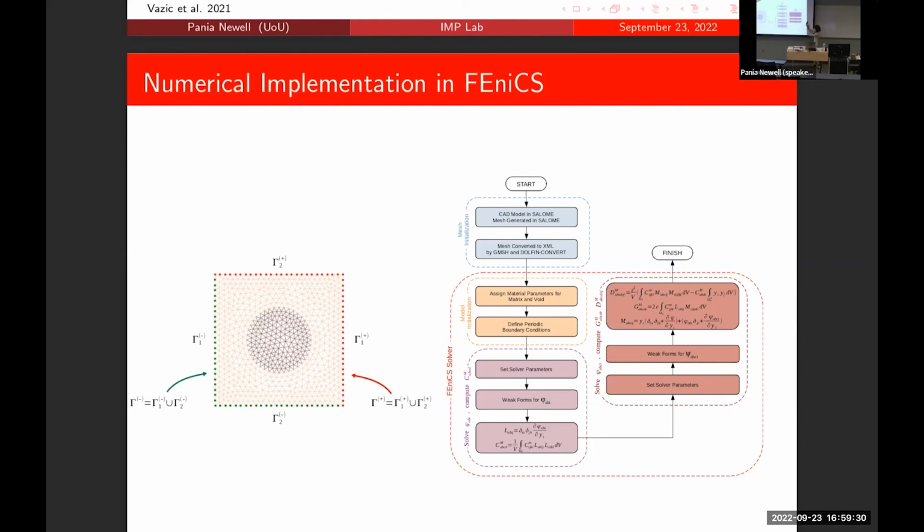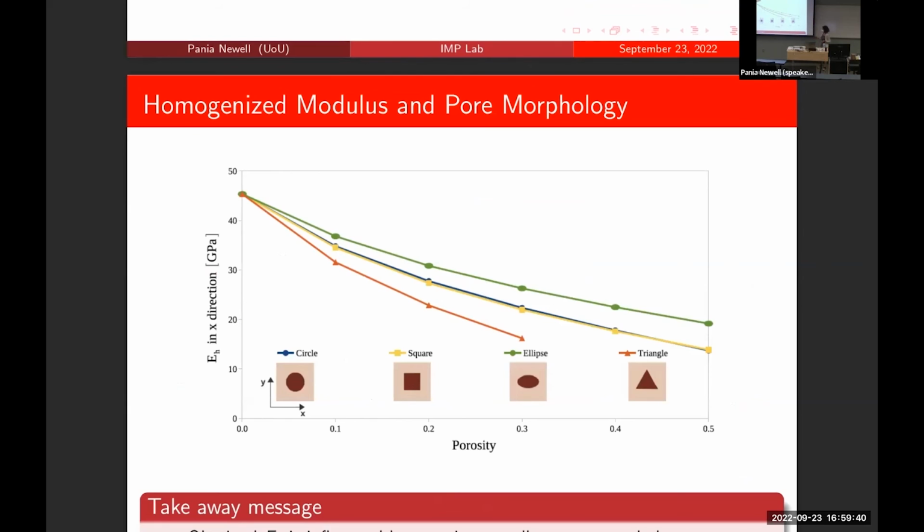This is basically the workflow of the setup, with periodic boundary conditions and all of those good things that all of you know. So we said, well, let's look at different pores, inspired by the nanoscale, as I said, that exist in nature. We have circular, square, oval shape, and triangular.